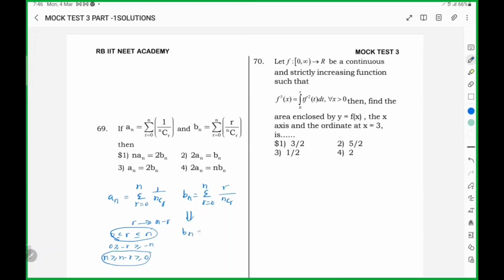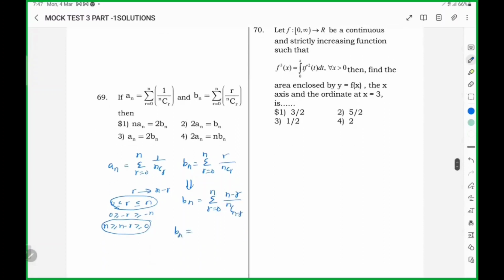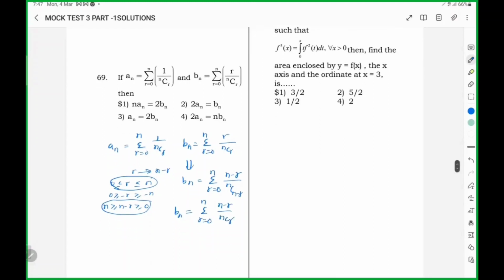From that, I can write the sum over r from 0 to n, replacing with n minus r. So Bn here is the sum over r from 0 to n of 1 by nCr minus the sum over r from 0 to n of r by nCr.